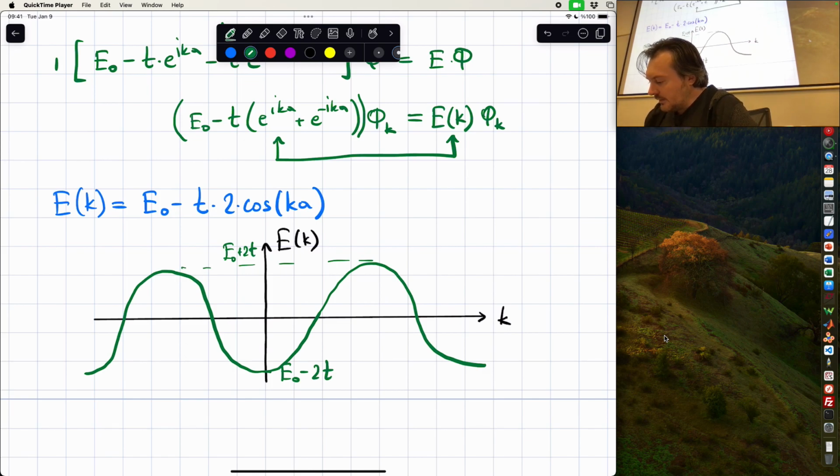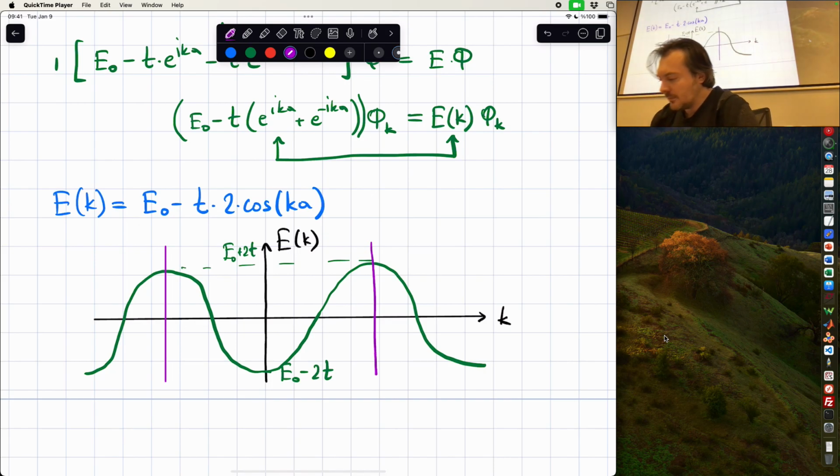And you can see that there are interesting things going on here. For example, after this point, the energies keep repeating. So all the information that you need is actually already present within this pi over a to minus pi over a cell. Okay?